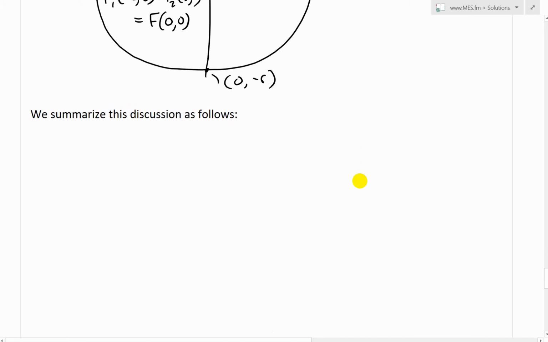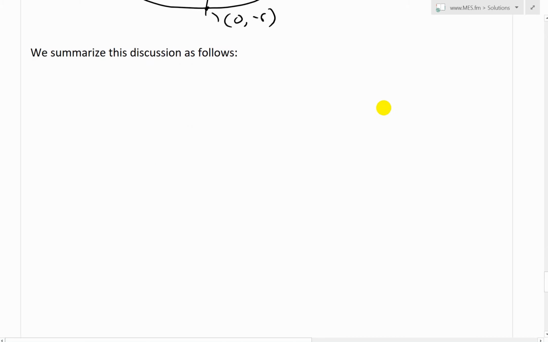And now we can summarize this whole video on ellipses as follows. If we have an ellipse, the formula is going to be x squared over a squared plus y squared over b squared equals 1. There's the formula.